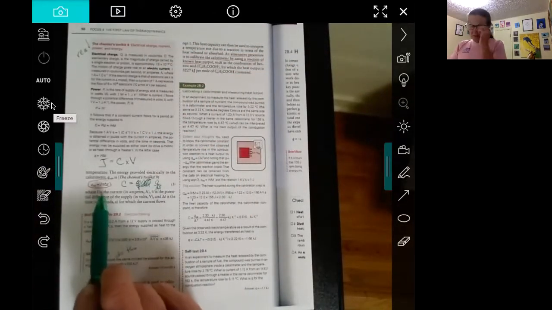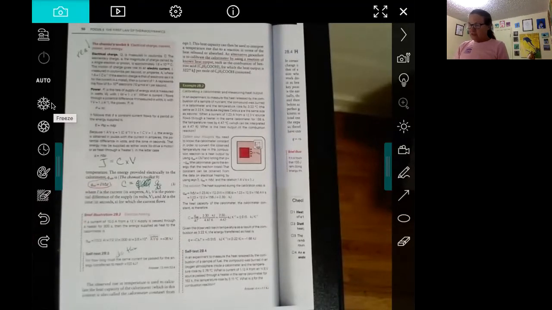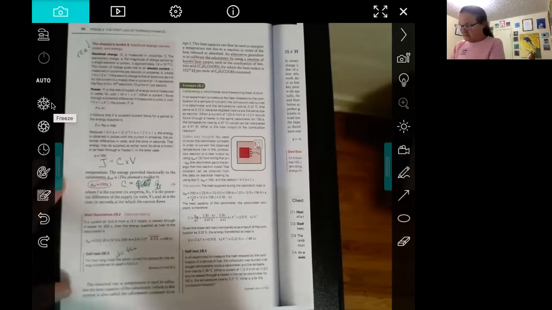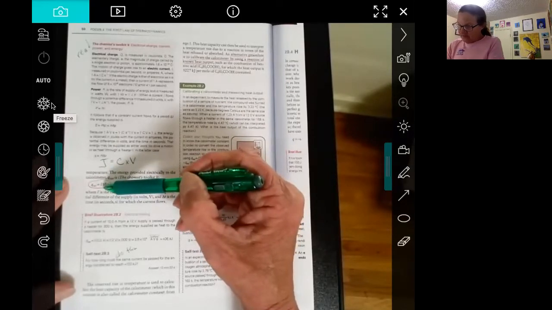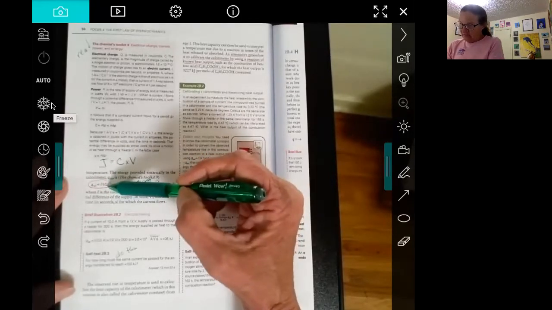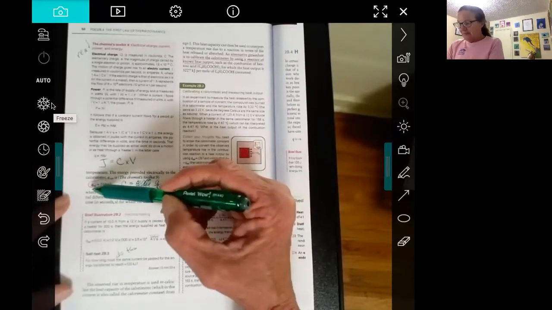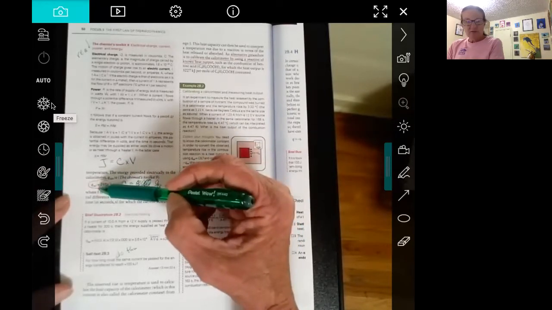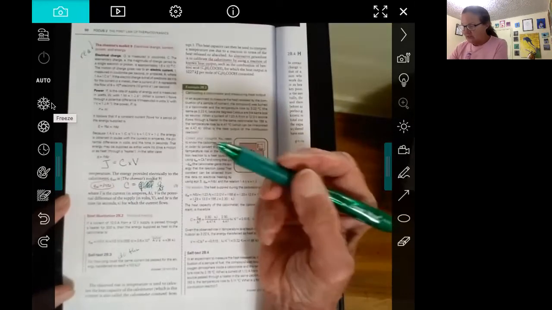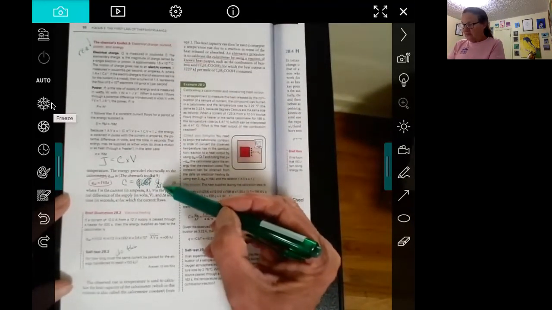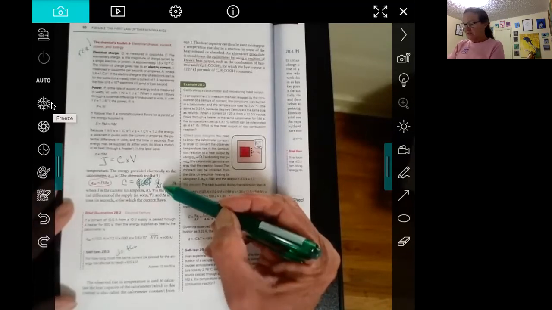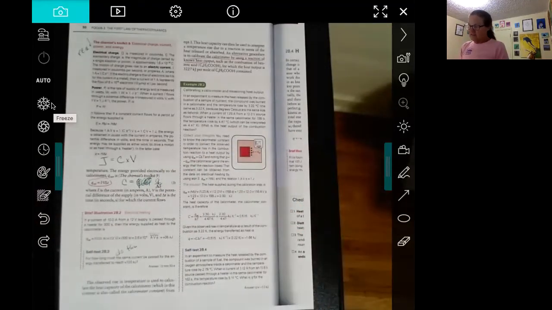If you use an electric heater, you can determine the heat capacity because you can use a current of some heater that has a voltage and apply that for a certain amount of time. And from this calculation, you can calculate how much heat you added. From the amount of heat you added, you can plug it in here, divide by how much the temperature changed of your system, and you'll get the C, the heat capacity of your system. So that's a common way to determine the heat capacity.